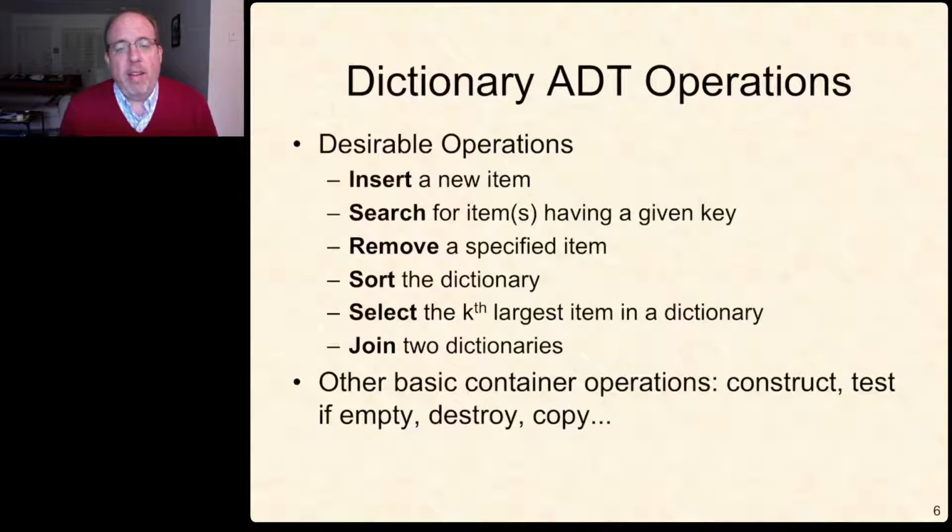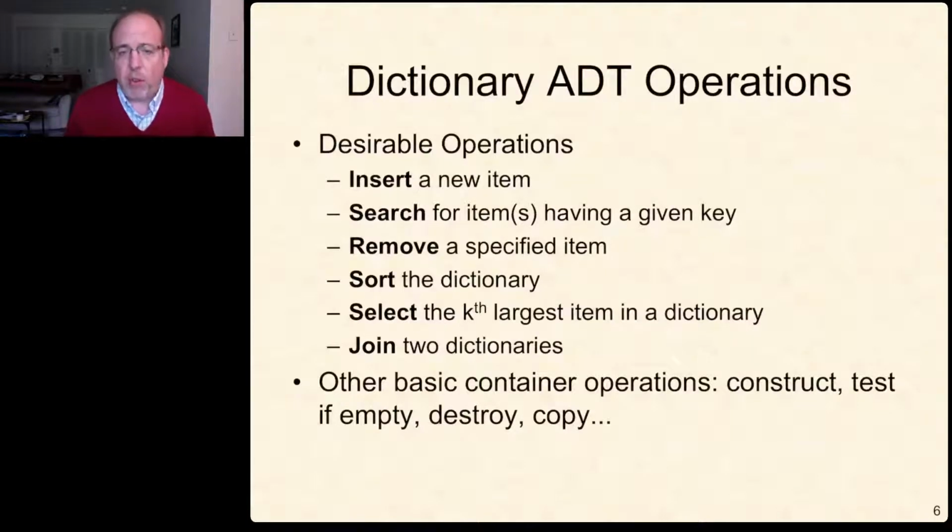There are a set of operations that are typically desirable for a dictionary, or things we might want to be able to do. And I'll focus mostly on the first three in today's lecture. So insert a new item into the dictionary. Given a particular key, search to see if there is an item or one or more items with that given key and return them, or remove a specified item or items defined by a key from the dictionary.